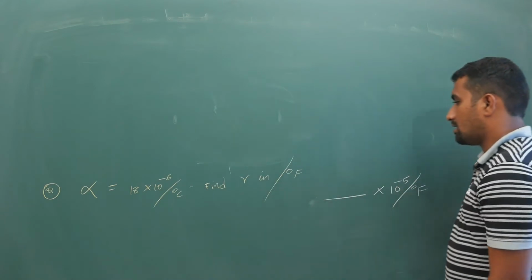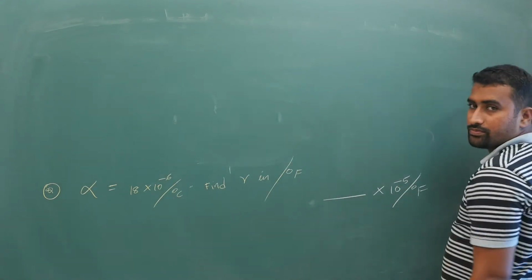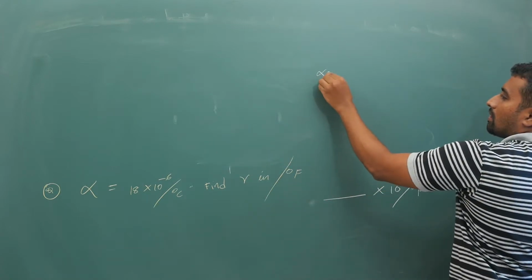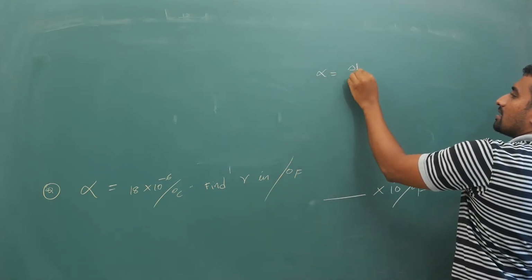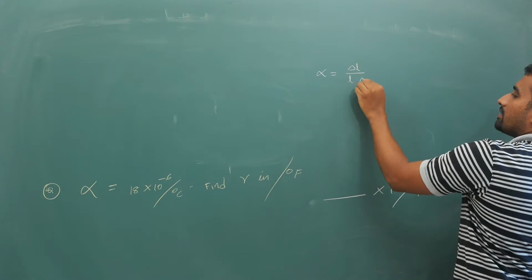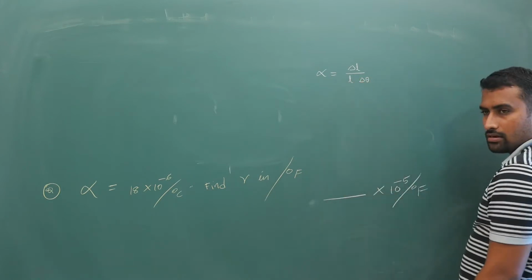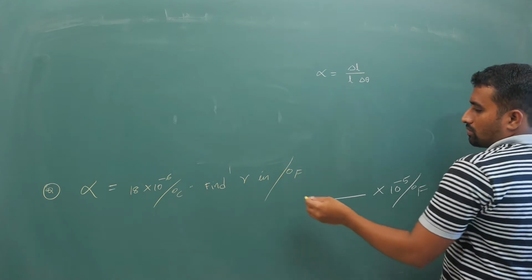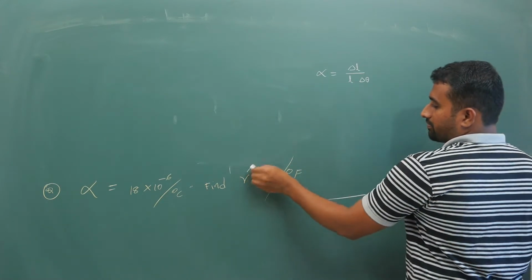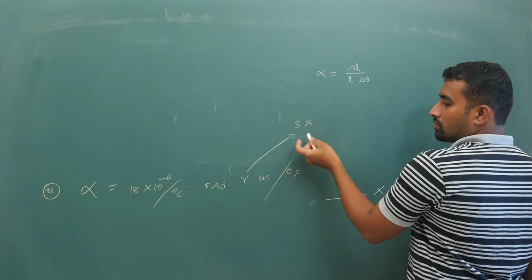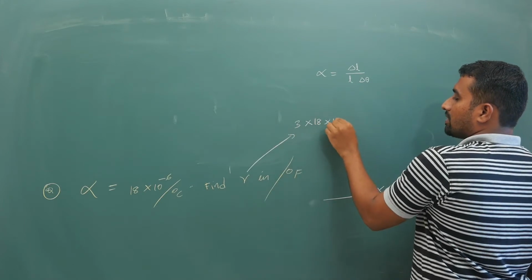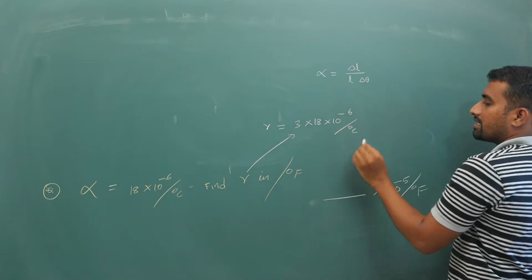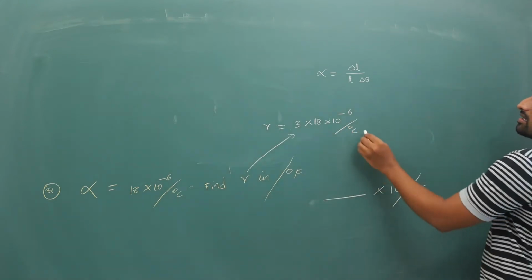It is 3. So what are we supposed to do? Alpha definition is delta L by L into delta theta. Your gamma is 3 times alpha, so gamma value is 3 into 18 into 10 power minus 6 per degree centigrade.